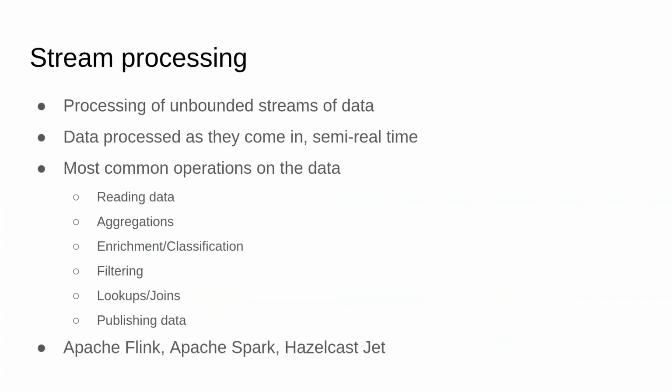So let's talk about another concept related to change data capture, and it's stream processing. Stream processing is performing computations on data delivered as an unbounded stream of data. And changes from a database are an example of such an unbounded stream.